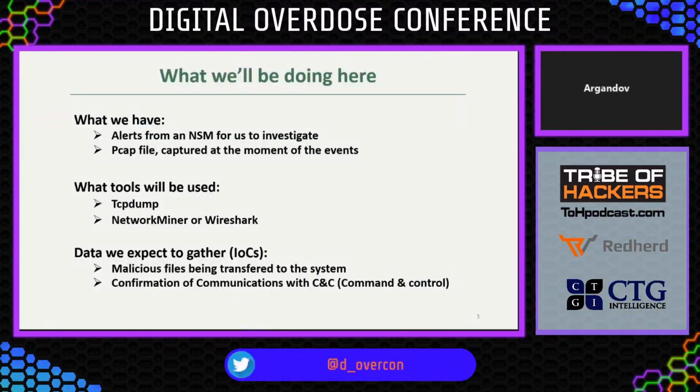Now, what are we actually doing here? We will be looking at an actual real scenario network packet capture file, which contains malicious activity inside a network, and I'll be demonstrating an initial examination of it via the Linux command line interface, or CLI, and the search will be guided for us by some information and alerts triggered by an NSM, or Network Security Monitoring tool.